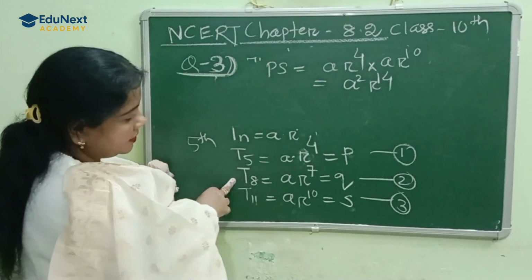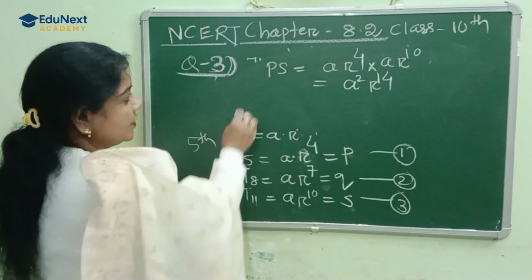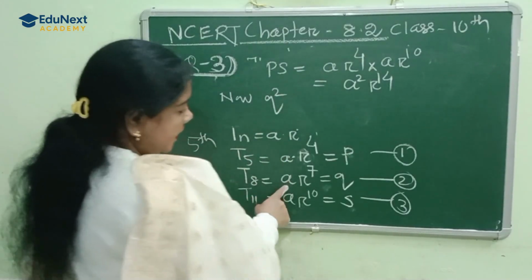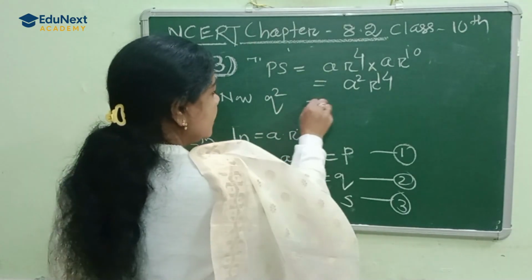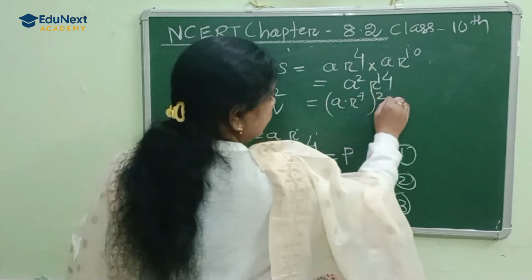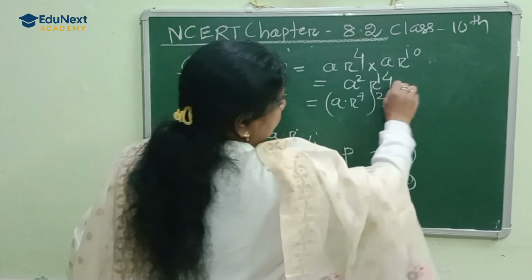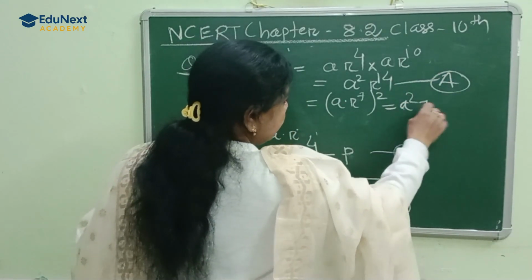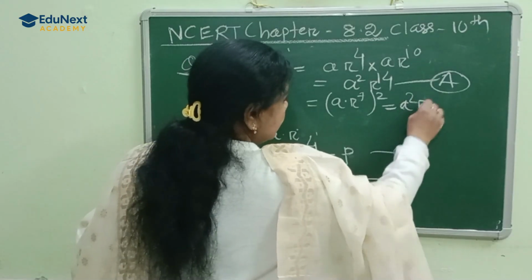Now let us solve Q square. Q is given as a into r to the power 7. That is, a into r to the power 7, whole square, let it be equation 3. Okay. That is a square into r to the power 14.